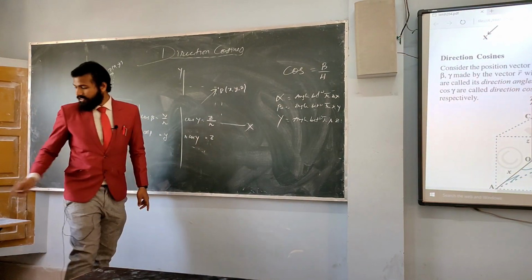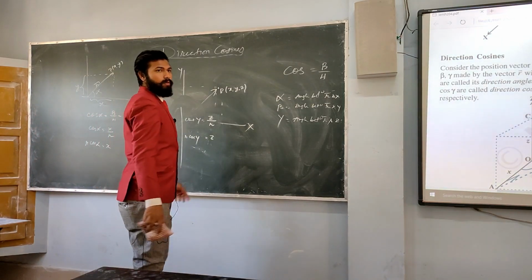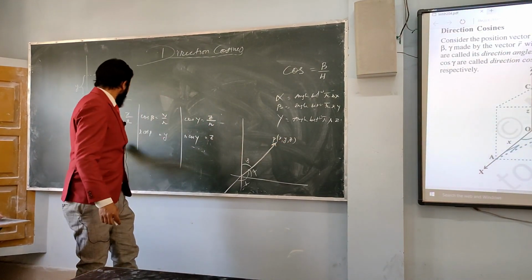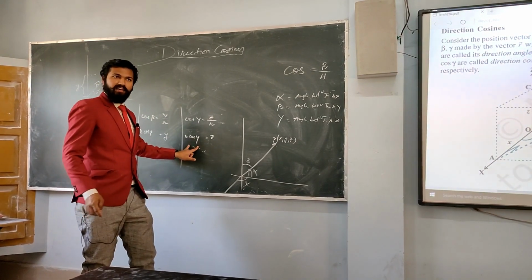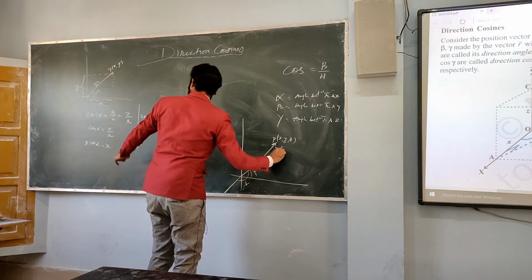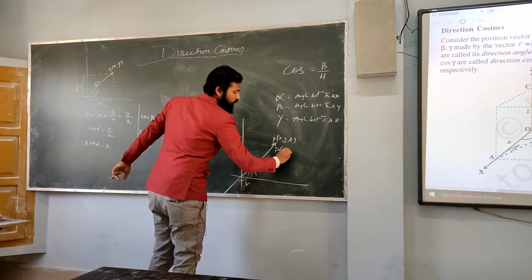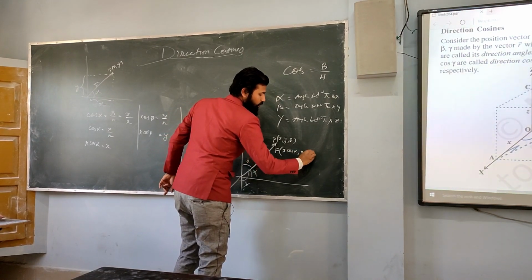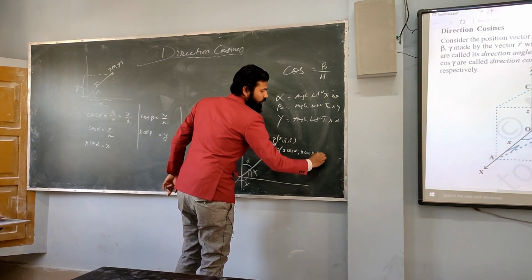Replace x, y, z by these values, so I can write the coordinates of P as r cos alpha, r cos beta, r cos gamma.